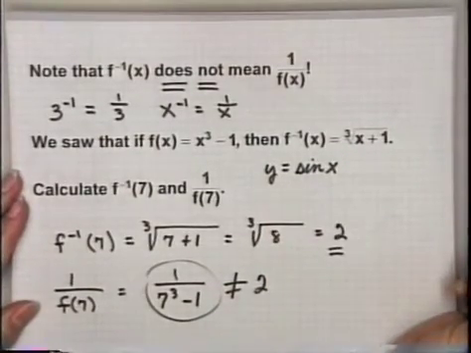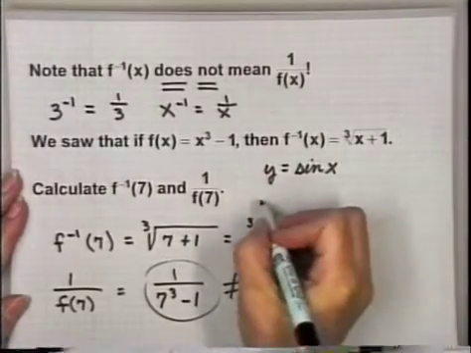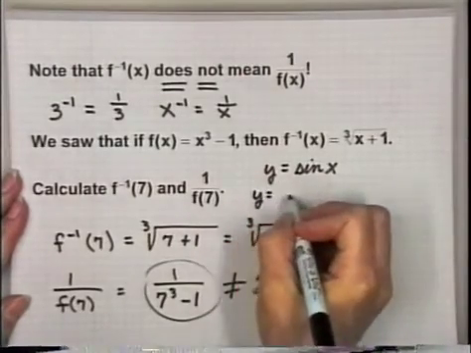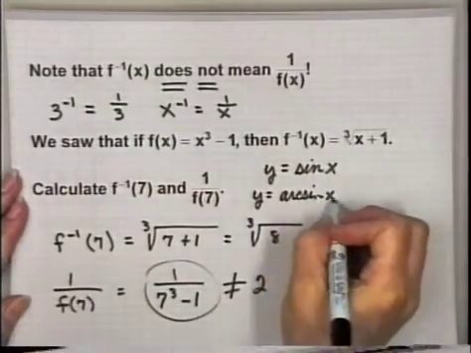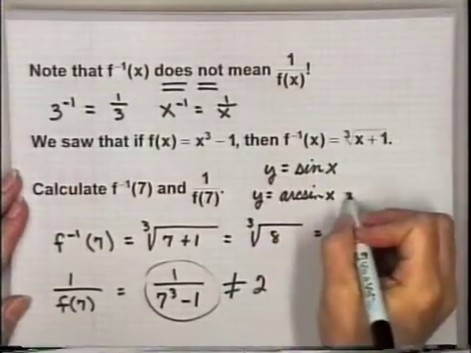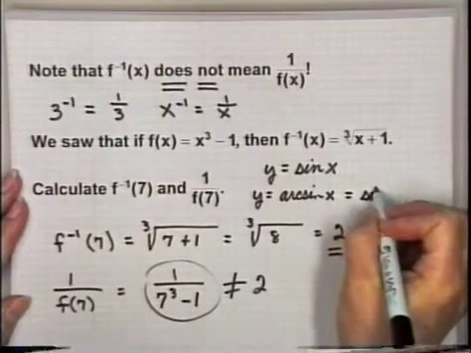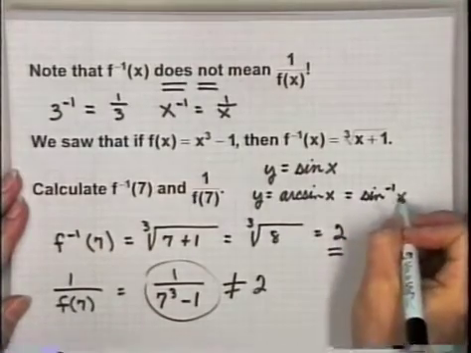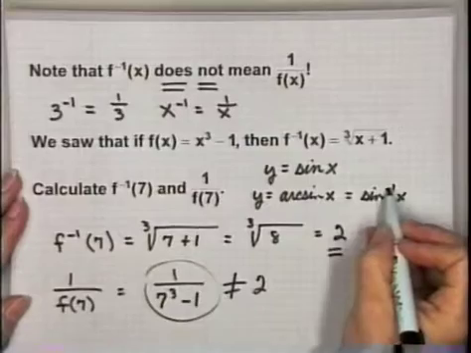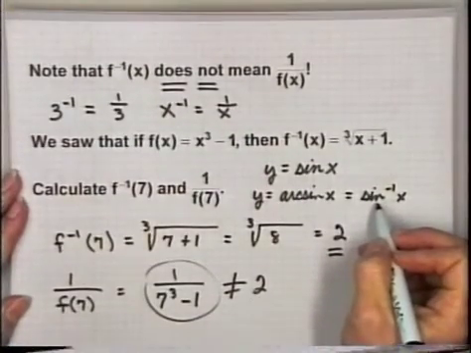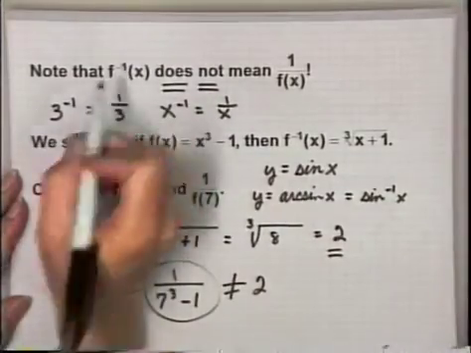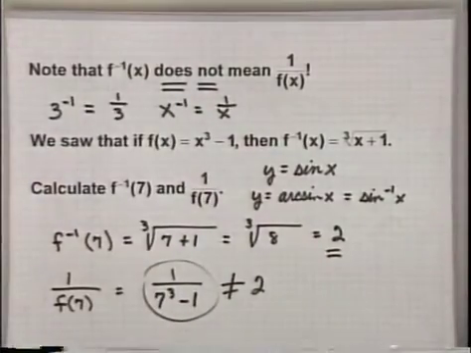Recall that trig functions have inverse trig functions, and we would sometimes write either y equals arc sine of x, or remember this could also be written as inverse sine like this. Notice here again, this symbol is used on the name of a function, and so it does not mean the exponent, negative 1. It means the same thing that the symbol means here with the function name f.